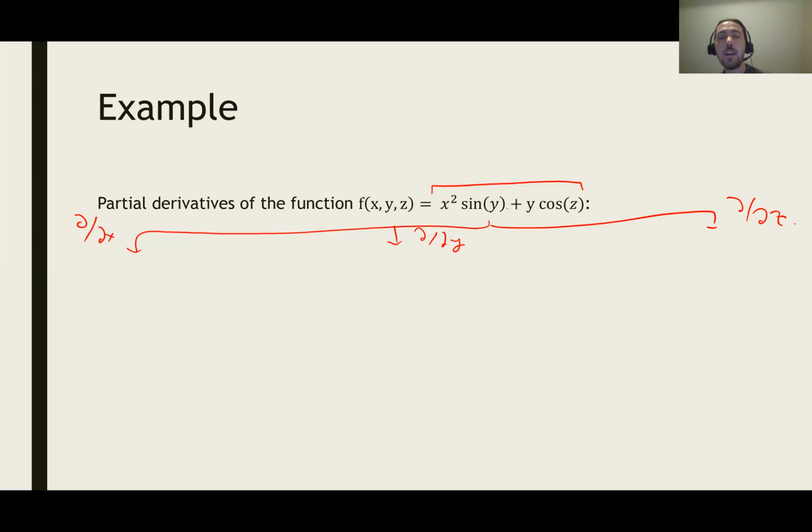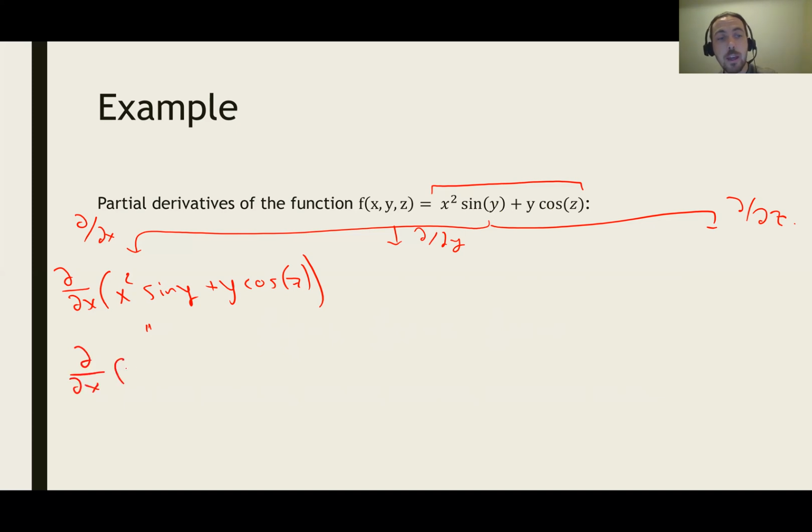So if I calculate the partial derivative of this with respect to x, I should first use the sum rule. So let's do this in a little bit more detail. The x derivative of x squared sine y plus y cosine of z. That's the same thing as, well, I'm allowed to use the addition rule for derivatives. That's a standard rule.